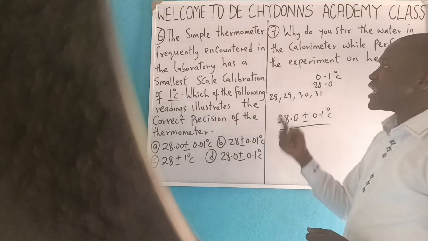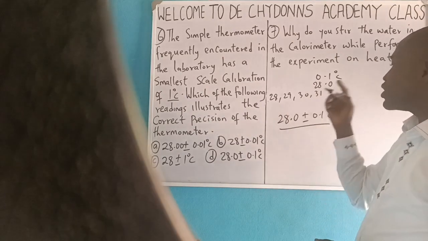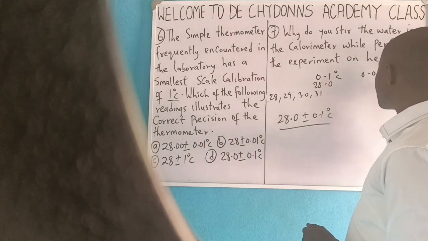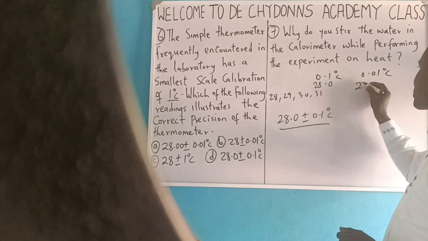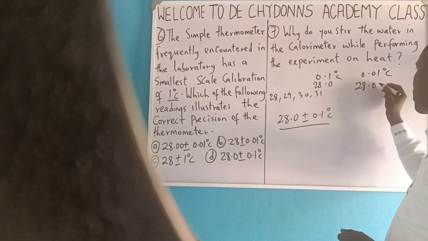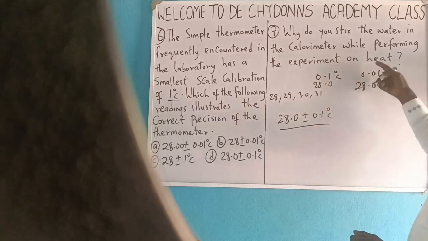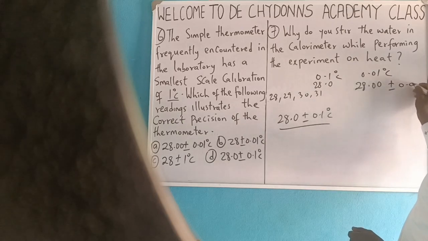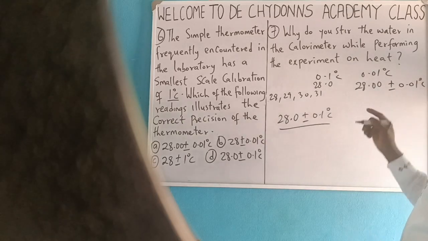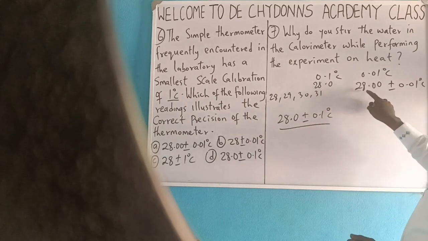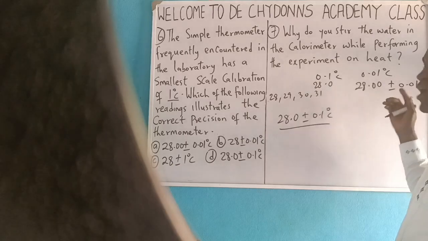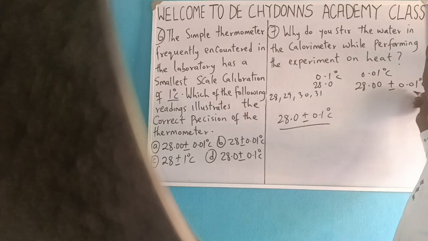But if they say that the smallest scale calibration is 0.01 degrees Celsius, we'll be writing 28.00 accordingly, so we'll be having this plus or minus 0.01 degrees Celsius. That means I can get 28.1, 28.01, I can get those values because of what we have here.